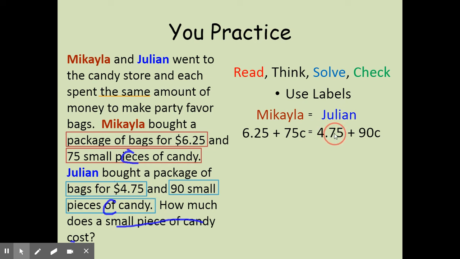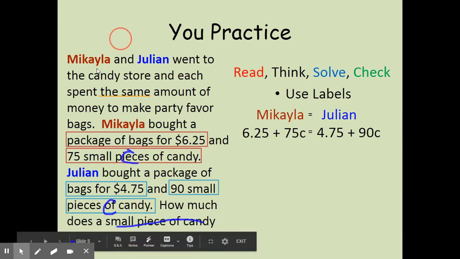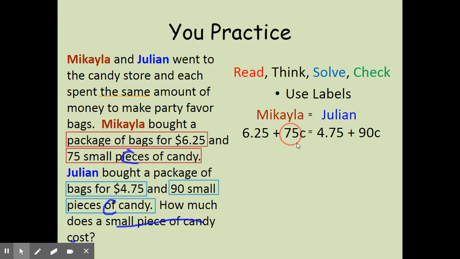Julian bought bags for $4.75 plus 90 small pieces of candy times we don't know how much each candy costs. And that is it. So don't be lazy, read it, think about the things carefully. I mean, you might get lost like me sometimes, it's okay.